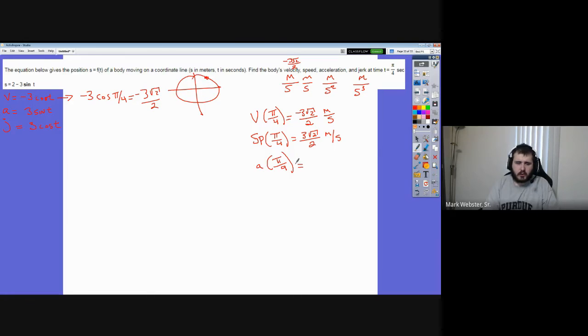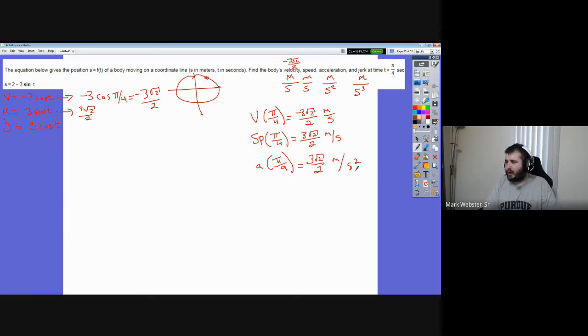So 3 radical 2 over 2. Because radical 2 over 2 is your sine. And now we have to use the right units for acceleration, which is meters per second squared.